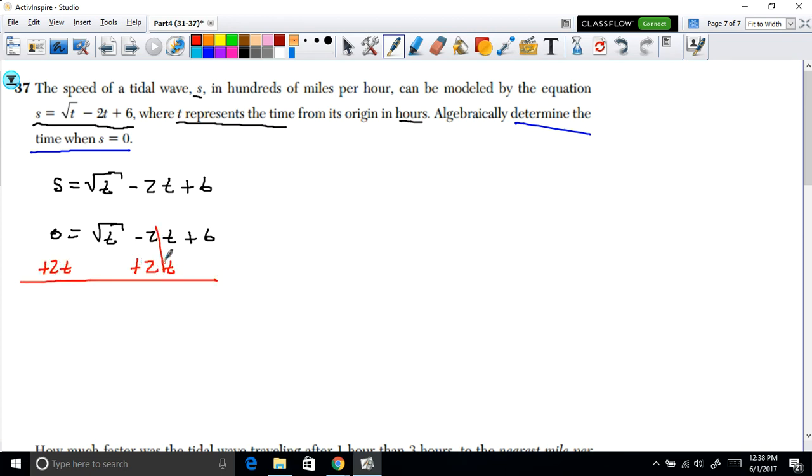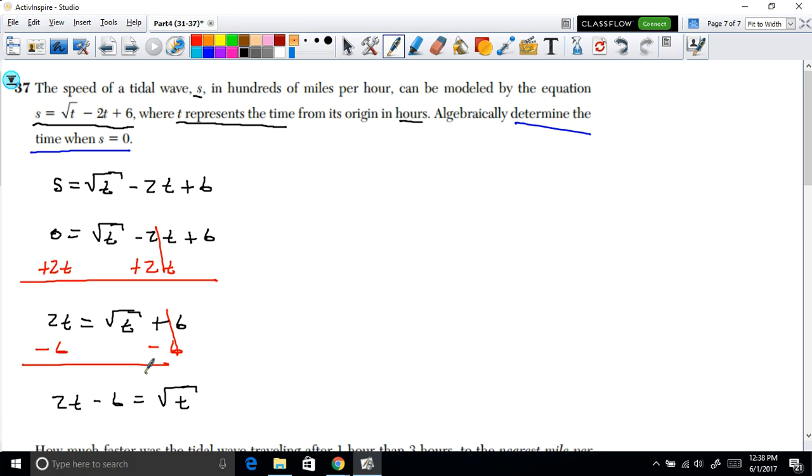So let's begin by isolating the square root. You do that, you get 2t equals the square root of t plus 6. Again, we're trying to isolate the square root. So now we have 2t minus 6 equals the square root of t.